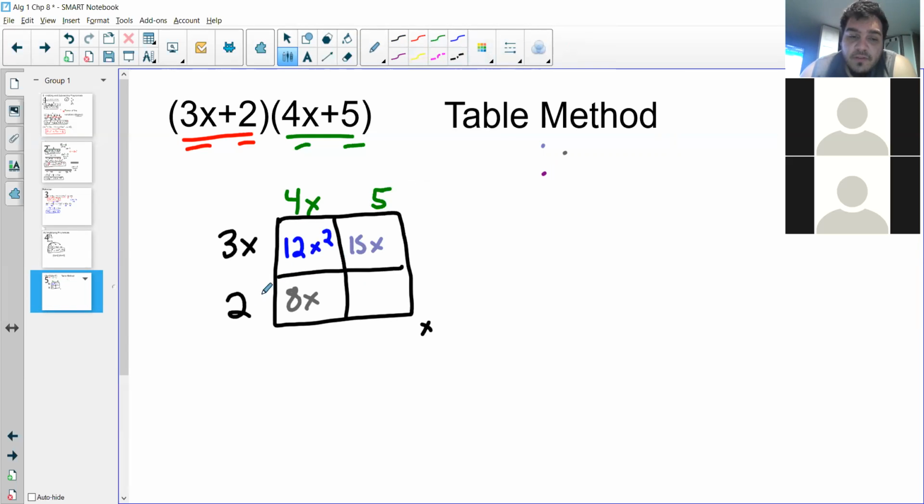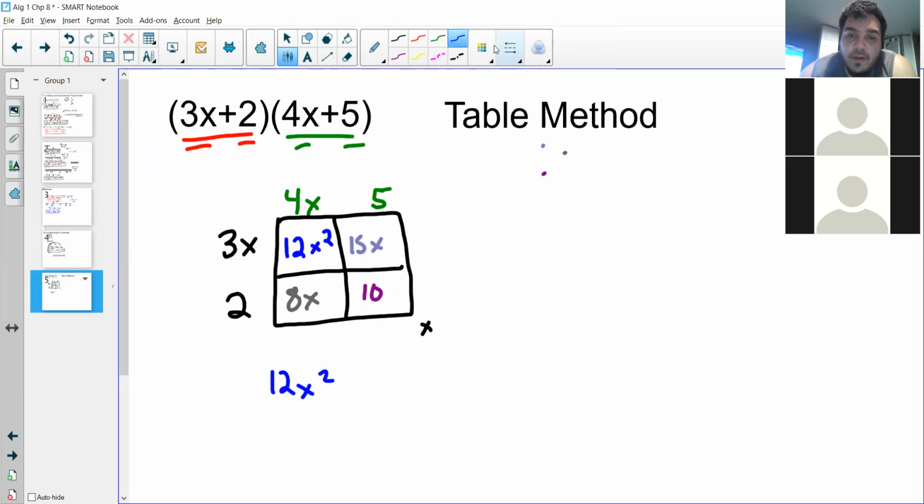And then the last one, 2 times 5 is 10. So your first step is to set up the table. Your second step is to multiply each cross section. Now, what we're going to do after we multiply each cross section is just write it out as one continuous polynomial.